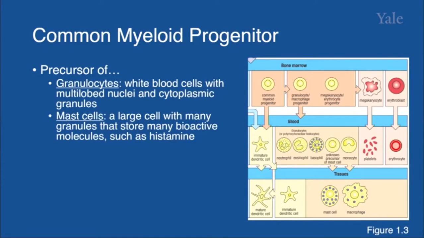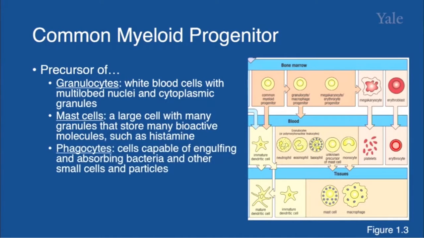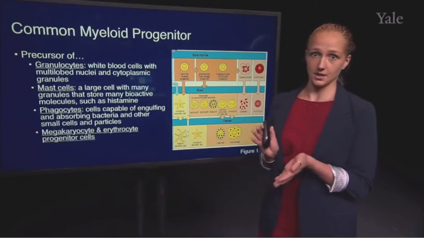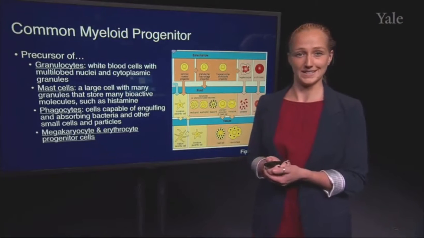Mast cells, which are very large cells that have many granules, as you can see here. Phagocytes, which are cells that are capable of engulfing and absorbing bacteria and other small cells and particles within their environment, as well as megakaryocytes and erythrocyte progenitor cells. So these are all the various different types of cells that our myeloid progenitor cells can give rise to.